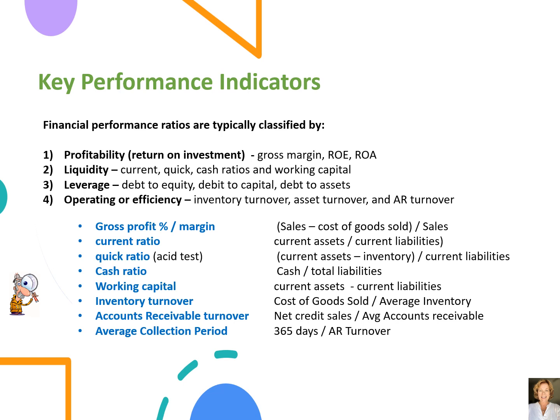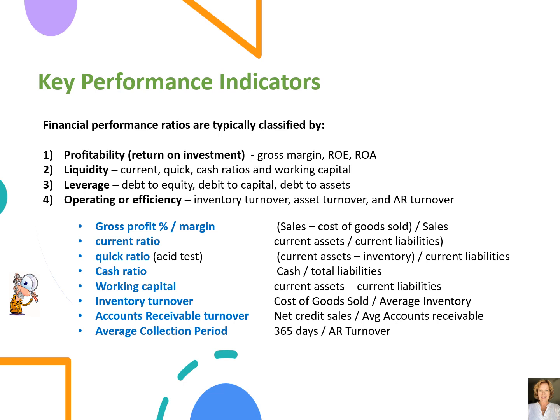Another classification is liquidity, and the current ratio, the quick ratio, cash ratios, and working capital ratios are examples. Third category is leverage, which is debt to equity ratios, debt to capital ratio, or debt to assets.